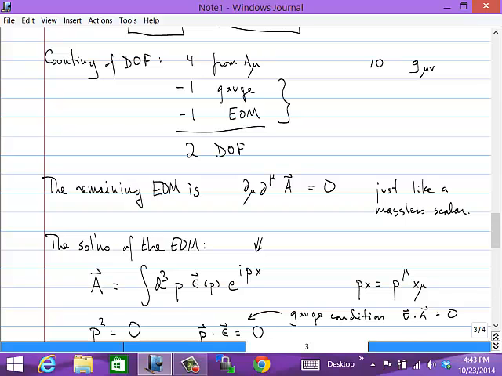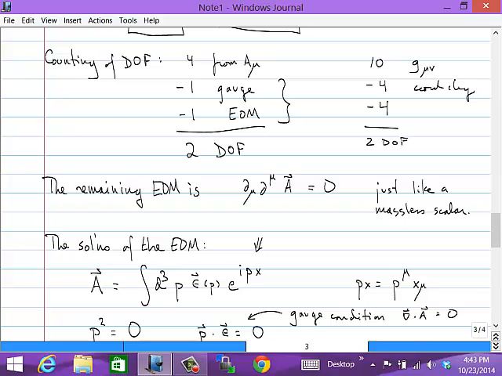The analog of the gauge symmetries are the coordinate transformations. You have 4 functions, x mu, that can be written in terms of 4 other functions, so there are 4 degrees of freedom. So you subtract 4 here from coordinate changes, and then that gets doubled by that same procedure, where you can actually remove 8 degrees of freedom instead of 4 by imposing the equations of motion, and you're left again with 2 degrees of freedom.